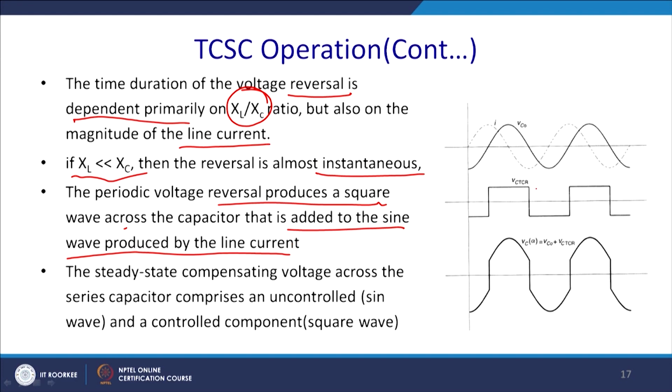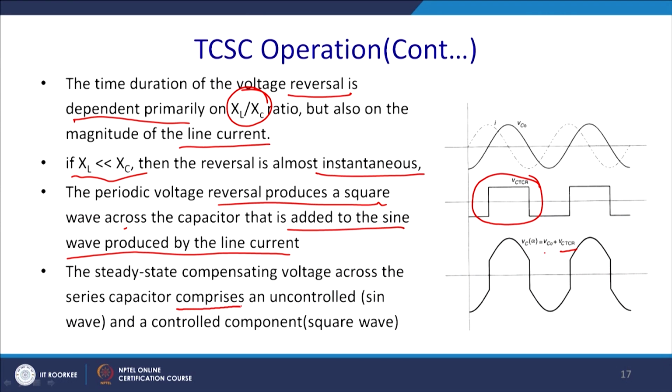So, you may have this kind of TCR, and ultimately you can think of Vc alpha as equal to Vc0 plus VCTCR. So, what happened? There will be a square wave and it is superimposed by a sinusoidal wave. Thus, you get this kind of characteristics.